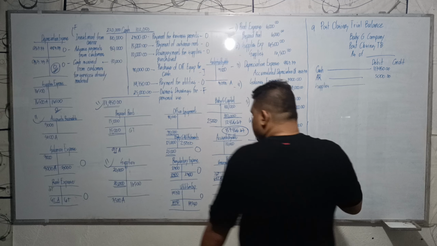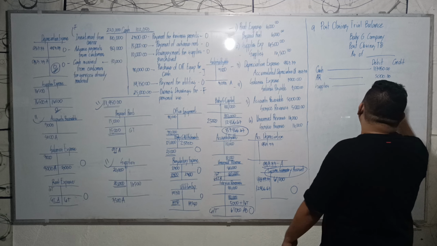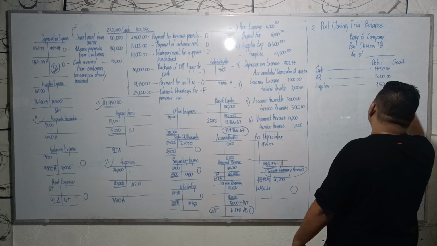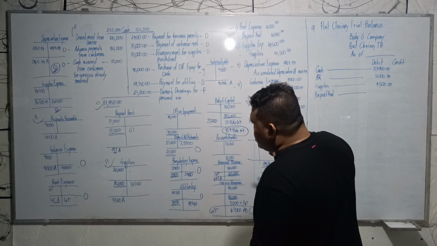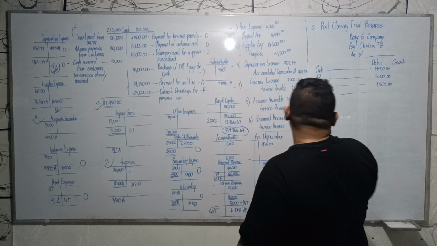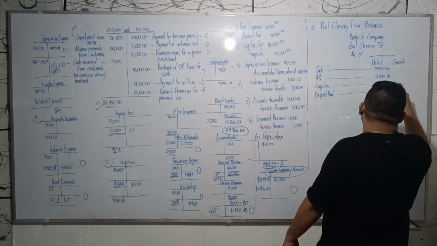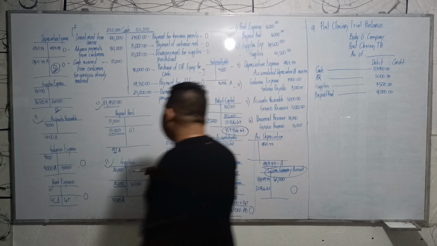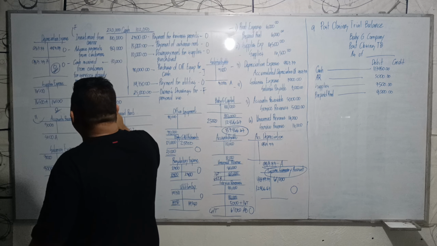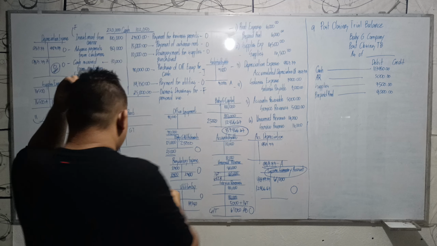So we have supplies. The adjusted balance is 3,500. We have prepaid rent. The prepaid rent has an adjusted balance of 9,000. So I guess that's it for the current assets.